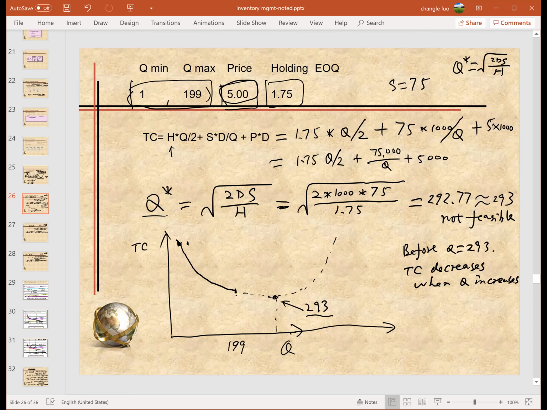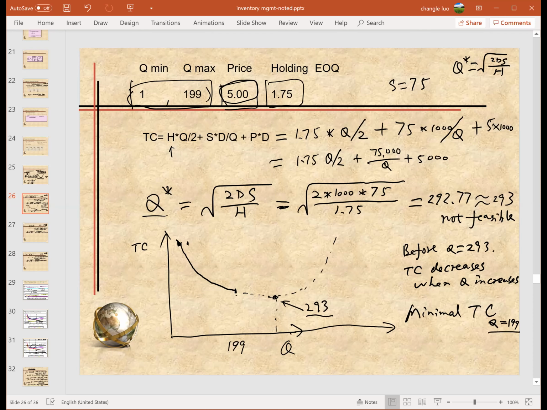If you look at the curve here, that is the total cost curve, and it decreases. So we know that the minimal total cost happens when Q equals 199, because it decreases all the way to 199 and it stops. It doesn't exist anymore.